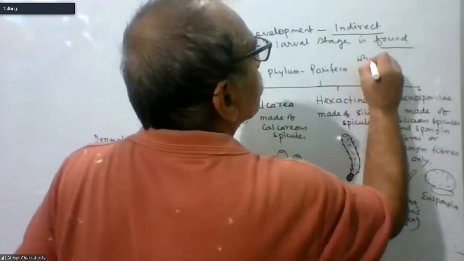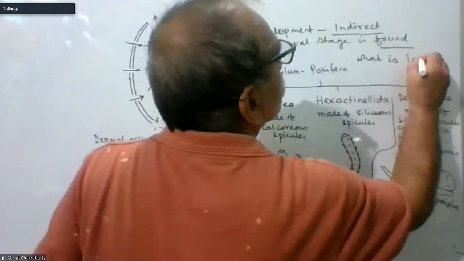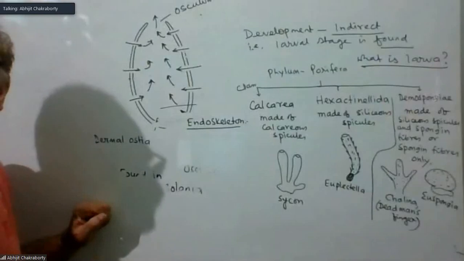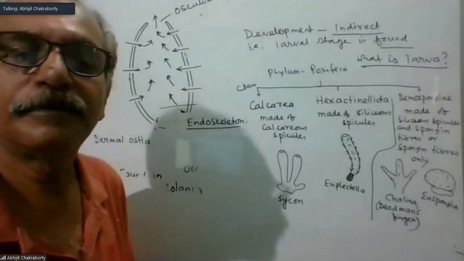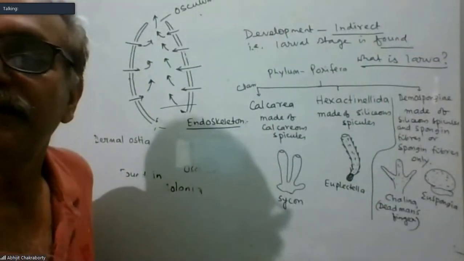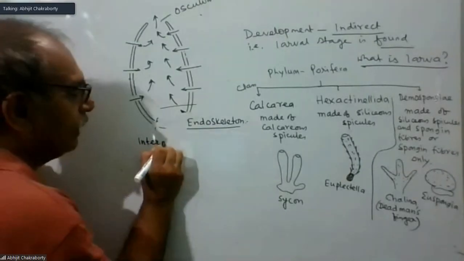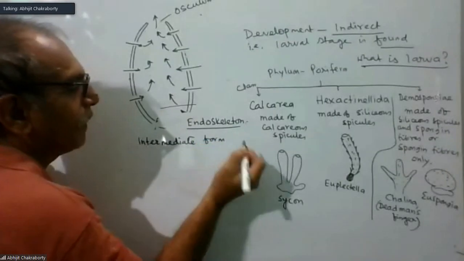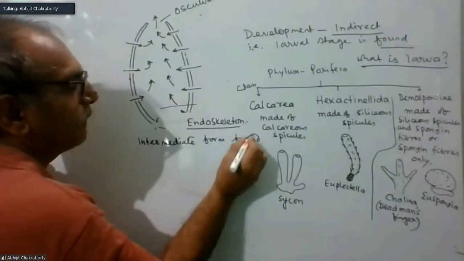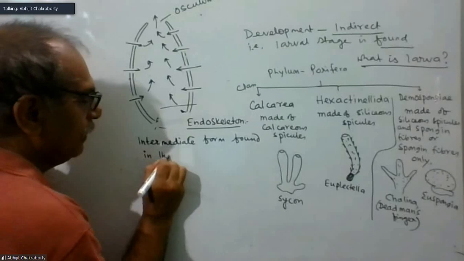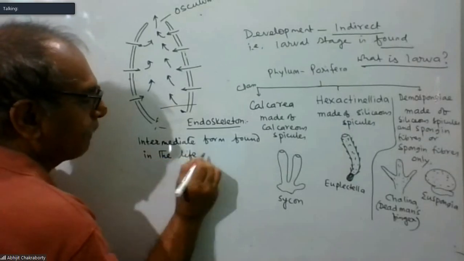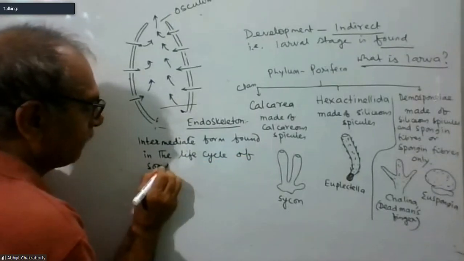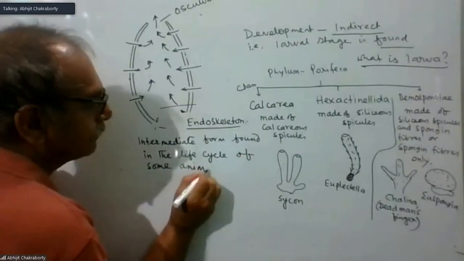Question is, what is larva? Larva is an intermediate form found in the life cycle of some animals.